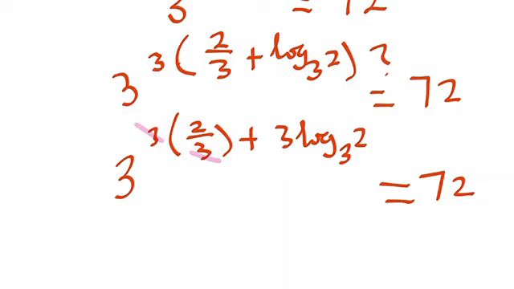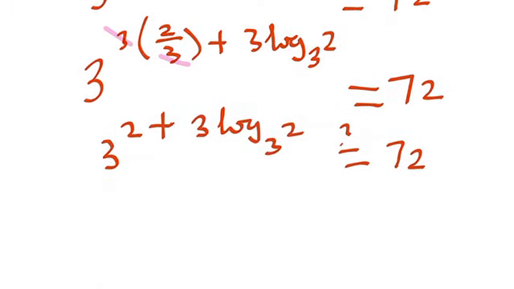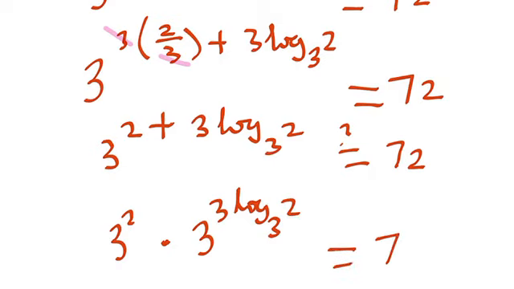So we are left with 3 to the power of 2, plus 3 log base 3 of 2. Will this give us 72? We move on again. This will be 3 to the power of 2 multiplied by 3 to the power of 3 log base 3 of 2, equals 72.